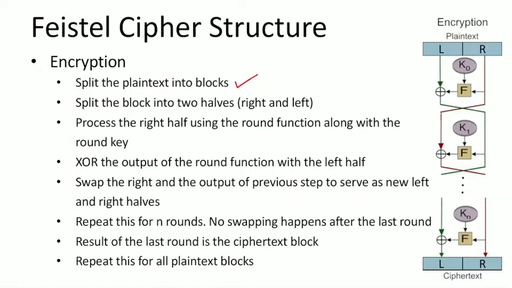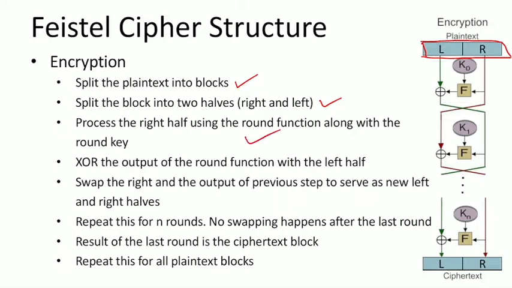You take a block and split it further into two equal halves, the left half and the right half, as you can see here. So let's say I have a 128-bit block, then I would split it into a 64-bit left half and a 64-bit right half.